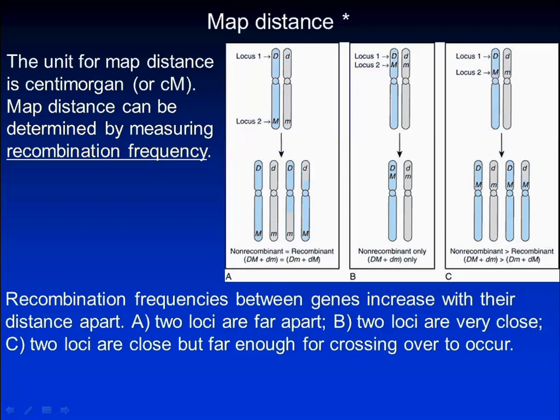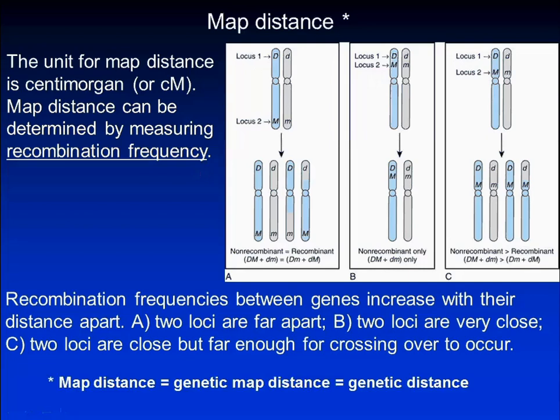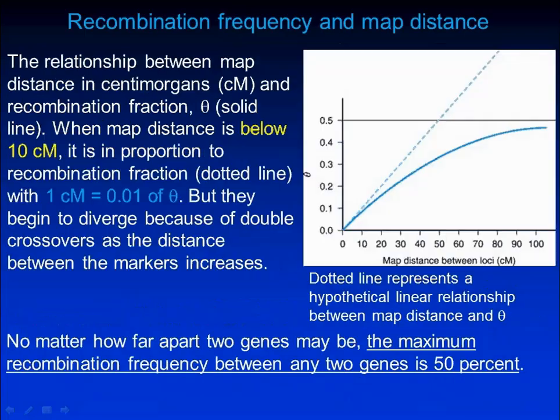Map distance can be determined by measuring recombination frequency. Map distance sometimes is called genetic map distance or genetic distance. Here, the solid line represents the relationship between map distance and recombination fraction.